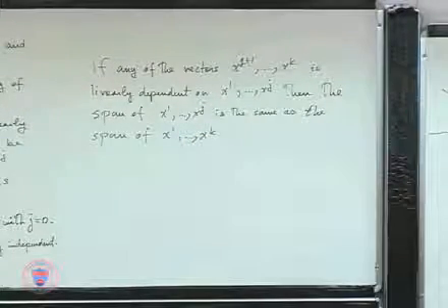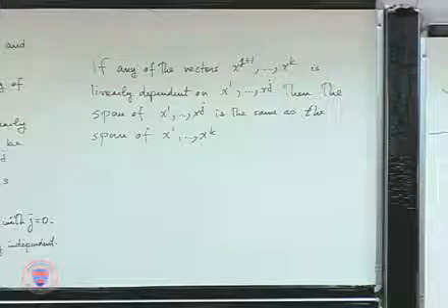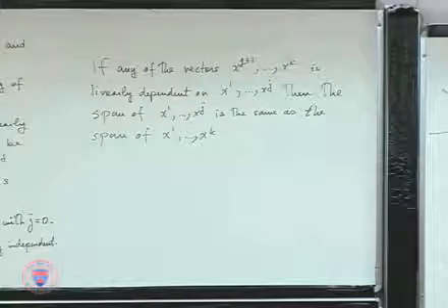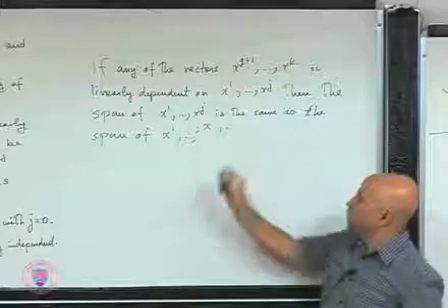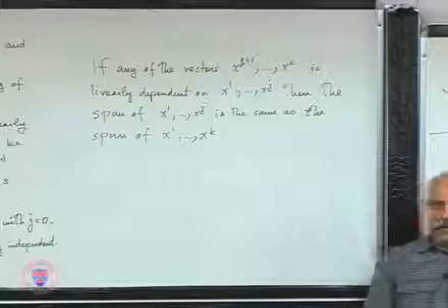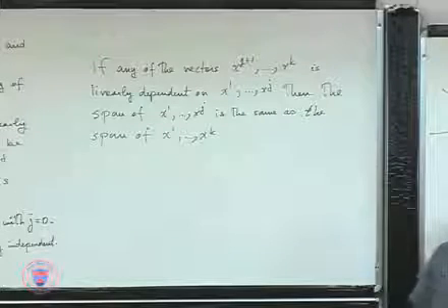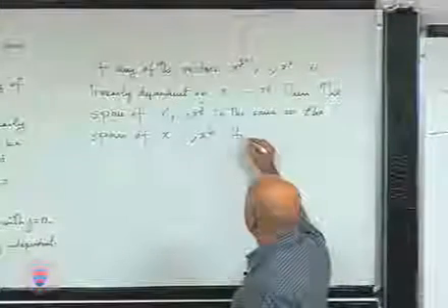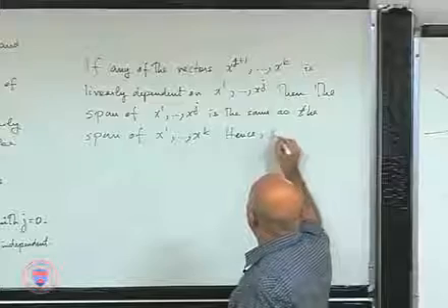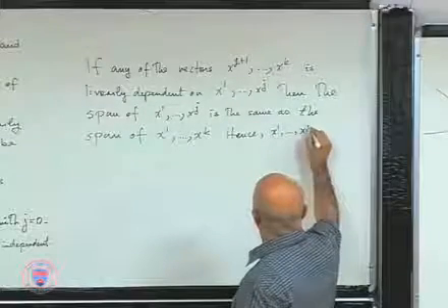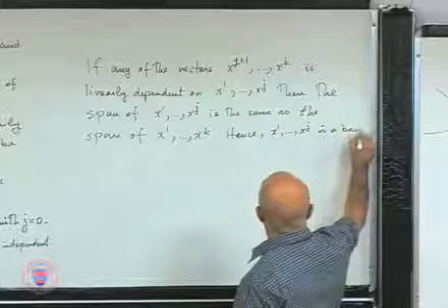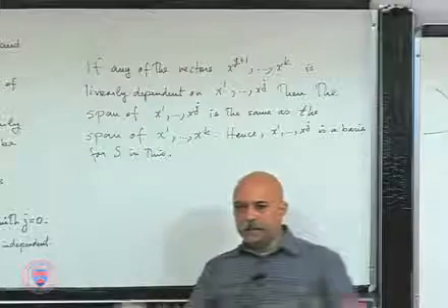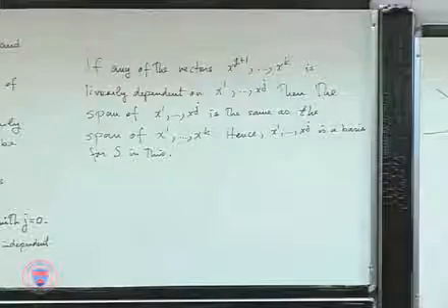So if any of the remaining vectors, when adjoined to the initial set of j vectors, happens to be linearly dependent, in that case, of course, the span of x1 through xj is the same as the span of x1 through xk. You cannot generate something new anymore. Okay? Hence, x1 through xj is a basis for S in this case, because they are linearly independent and they span everything in S.